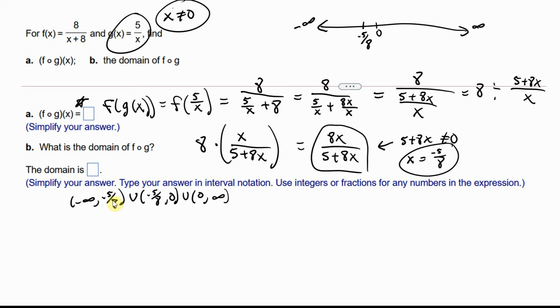So how come I use parentheses about the negative 5 over 8 and about 0 and not brackets? Because we cannot include those numbers, because we have fractions, we cannot divide by 0. If I plug those numbers into my denominator, we end up getting some number divided by 0, and that's undefined, right? Good.